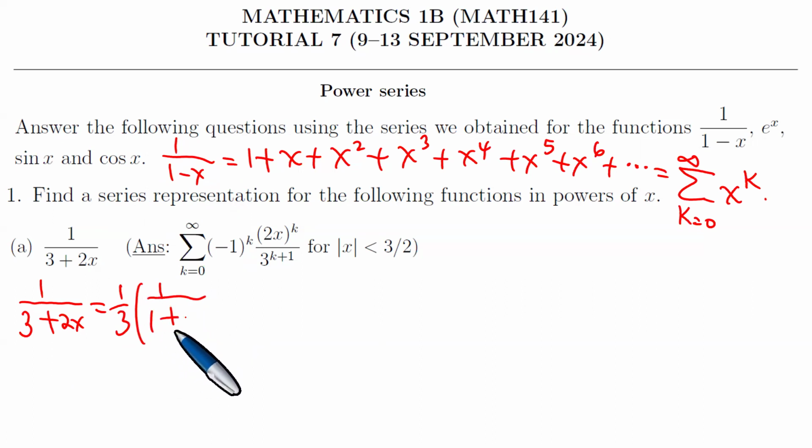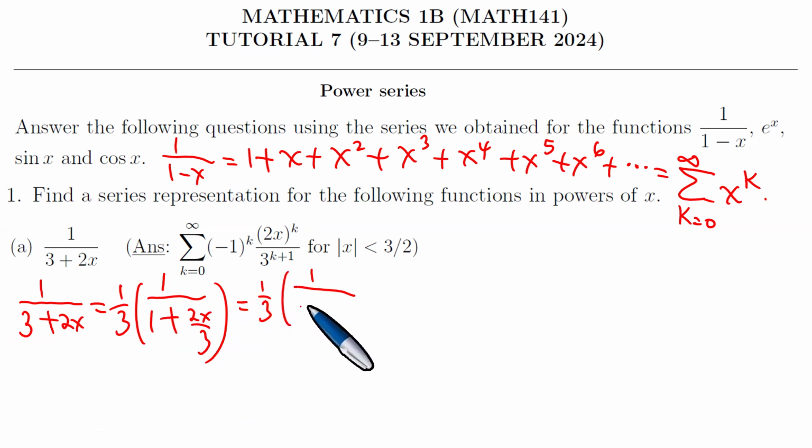And this becomes 1 plus 2x over 3. Then you have minus minus, therefore, it is going to become the sigma, like this.